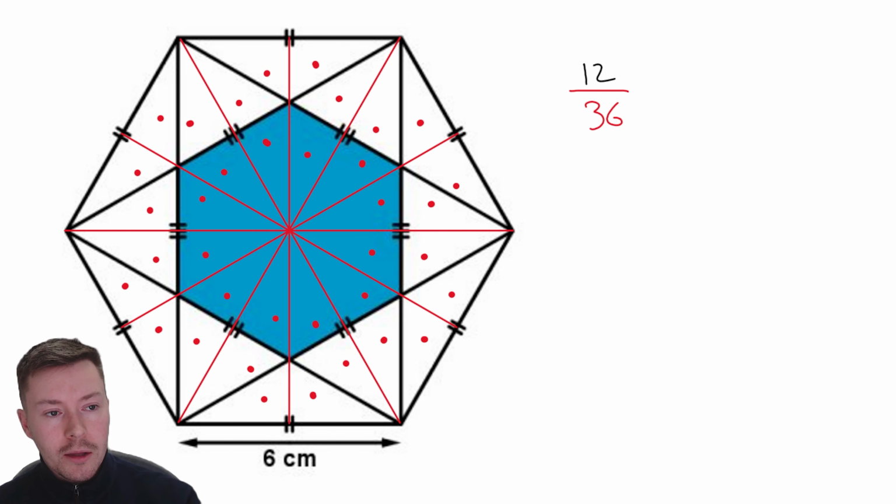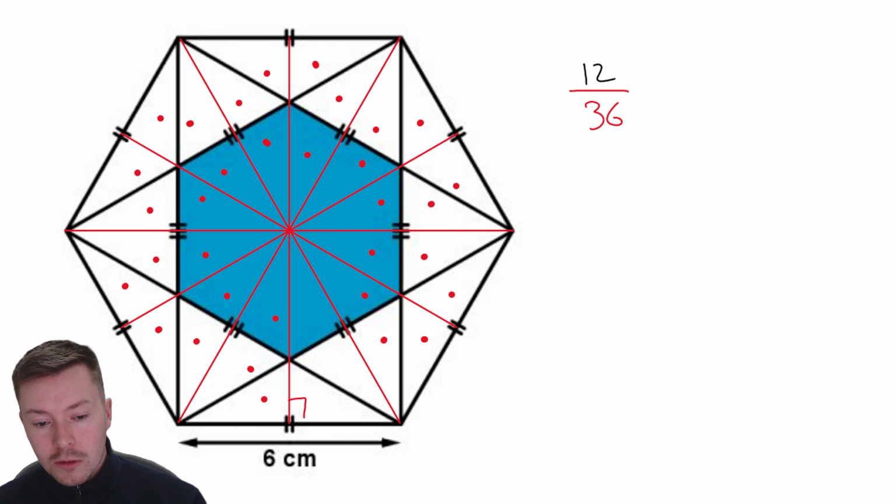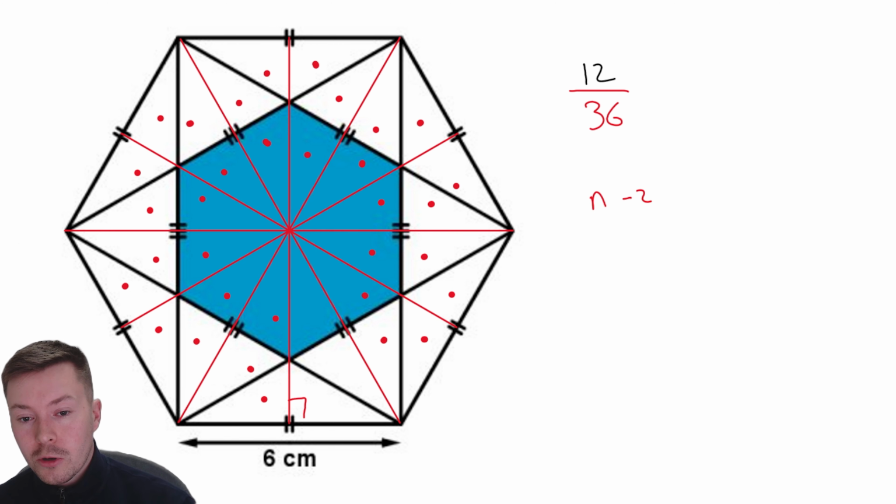The next thing I'm going to do, like I said at the start, is that you could check these are the same by looking at the angles. If we look at this triangle here, we've got a right angle here. Now think about the whole hexagon, any regular hexagon: you can work out the interior angle using the formula n minus 2 times 180, divided by n.